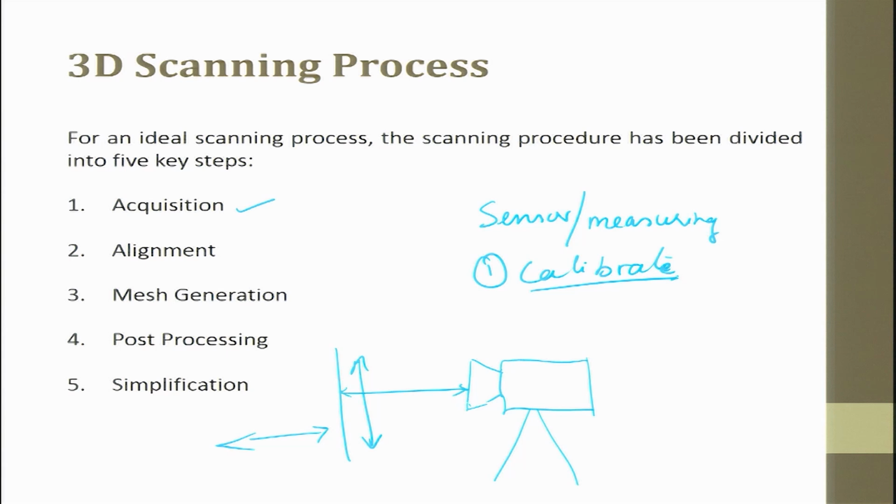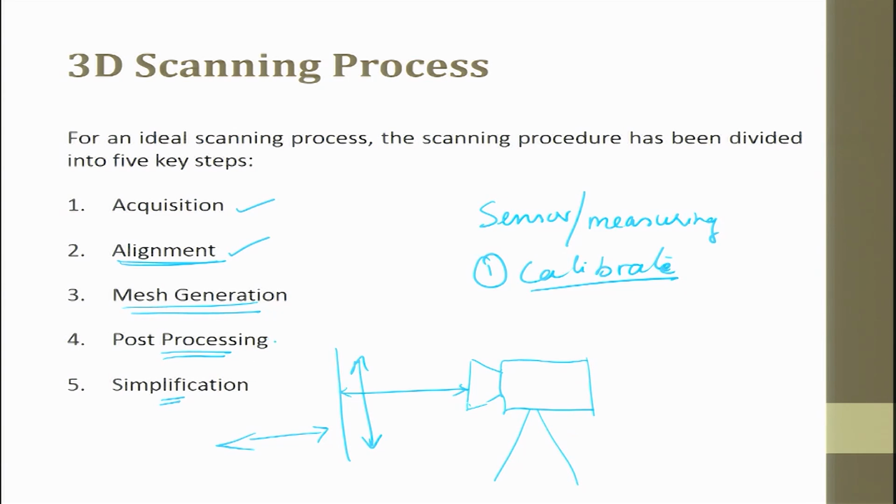Then we try to align the data to some reference point. Then we do a mesh generation, so that we can understand how the surface is. From the mesh generation we do post processing, and at last we do simplification, try to remove unneeded data.